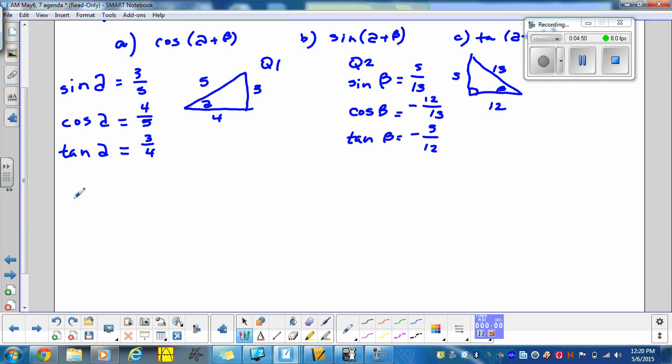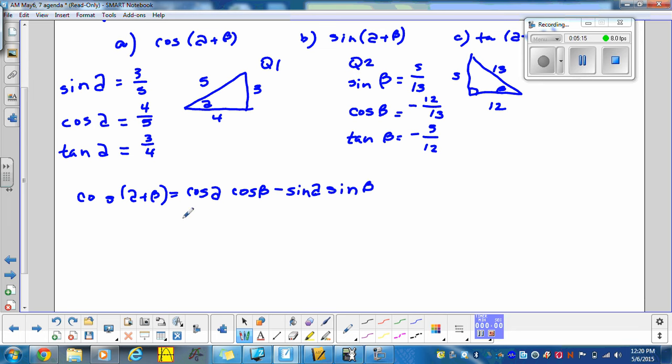So let's start with the cosine. Remember, the cosine of alpha plus beta from your index card is cosine of alpha times the cosine of beta minus the sine of alpha times the sine of beta.